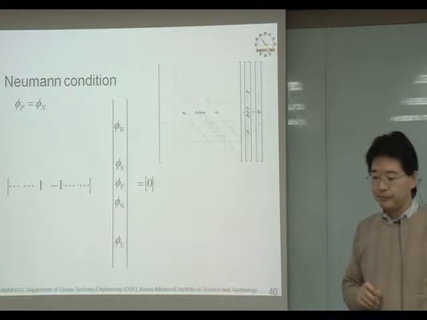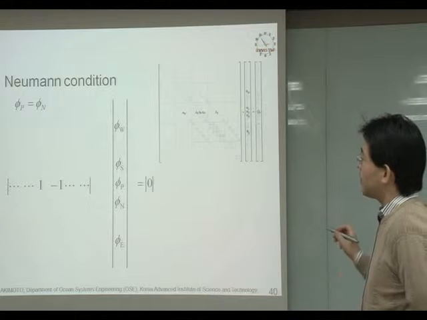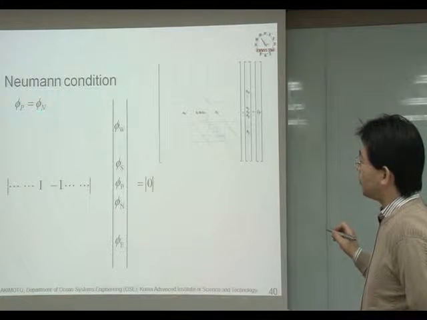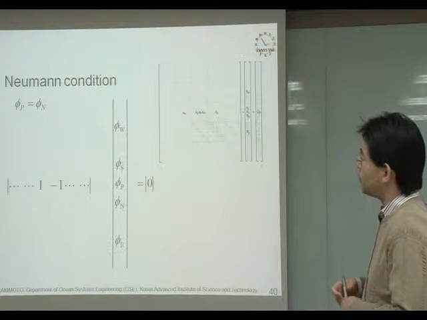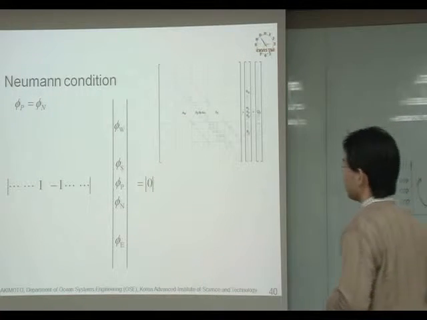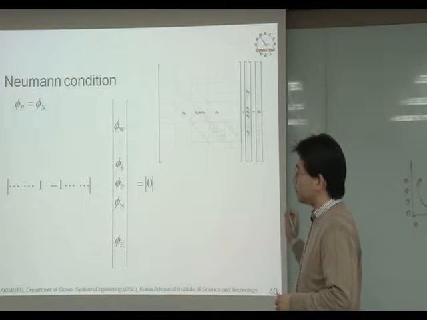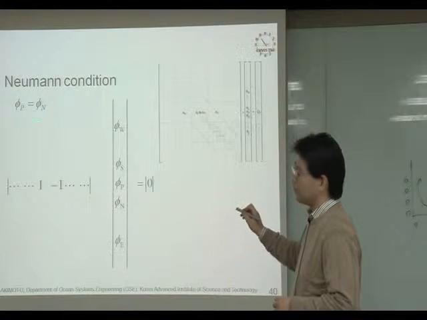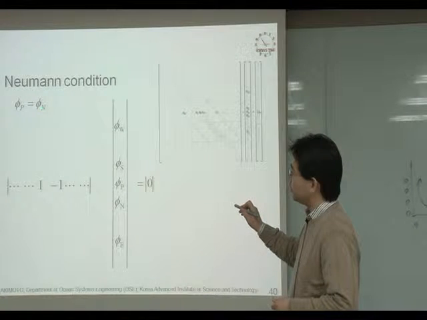So you can imagine this condition is the gradient of phi in the north direction is 0. A zero gradient condition in the north direction. It can be written like this. Phi p is equal to phi n.